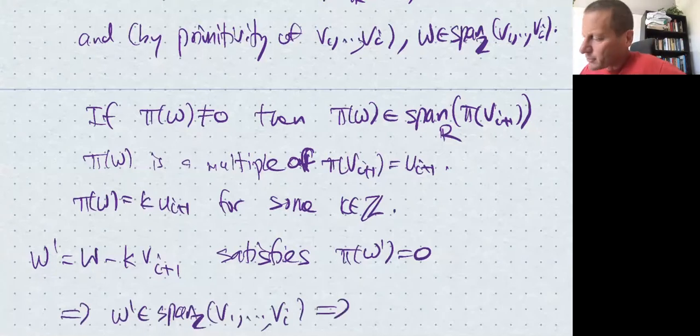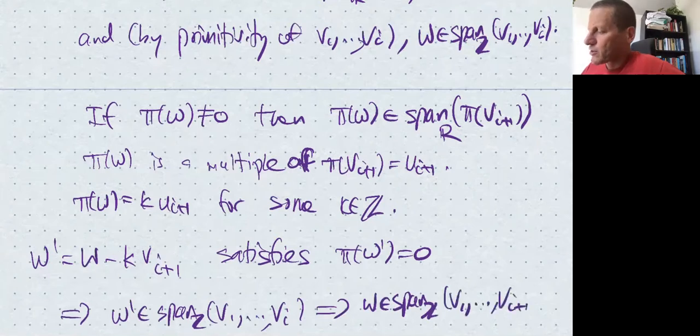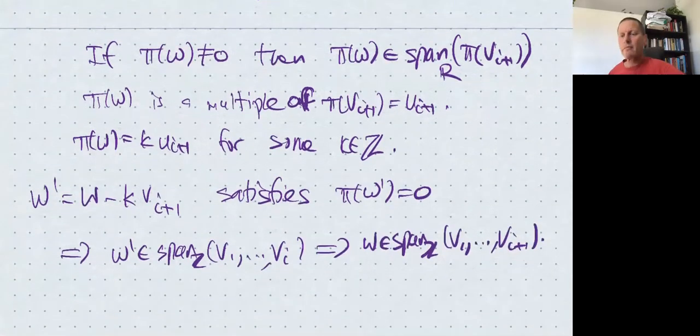And so w is in the span over Z of v1 up to v_{i+1}, which is what we needed to prove. Okay, so this proves this Korkin-Zolotarev statement, this Korkin-Zolotarev lemma.